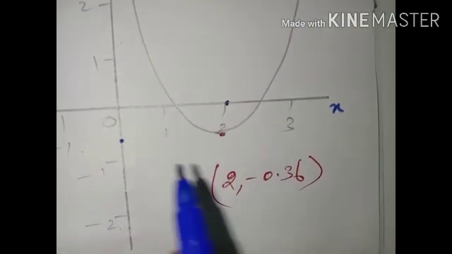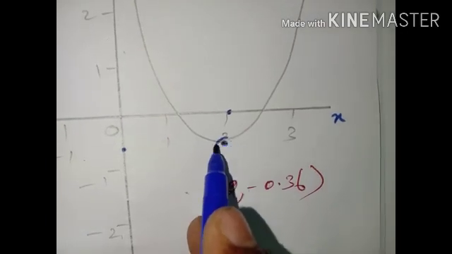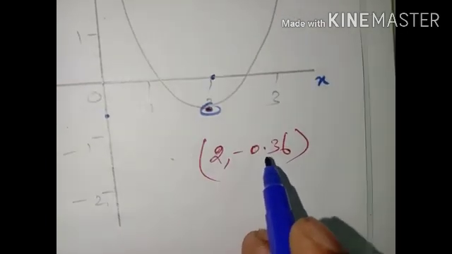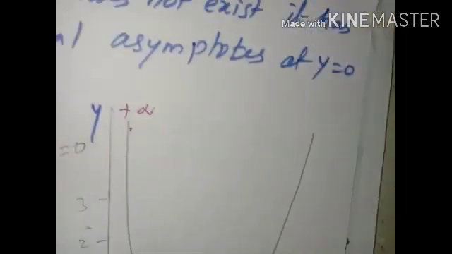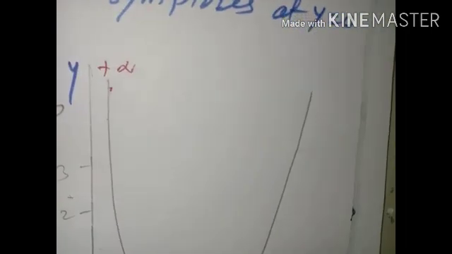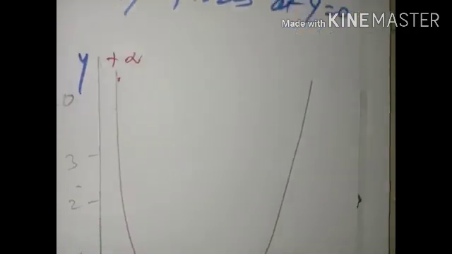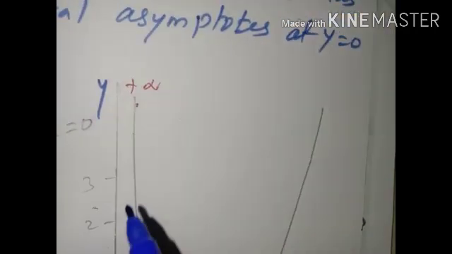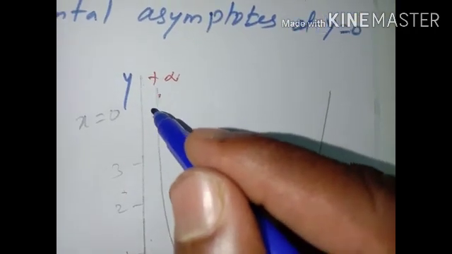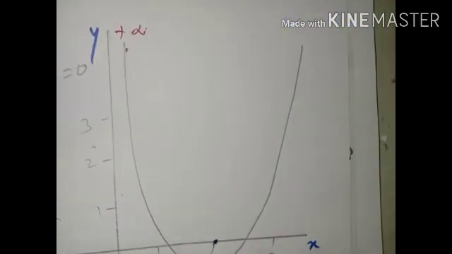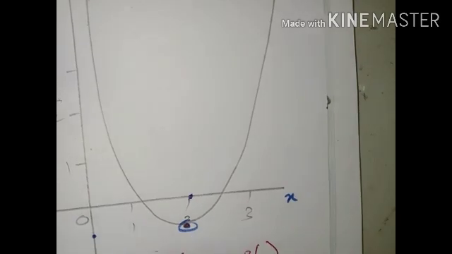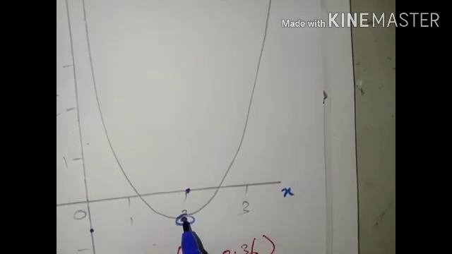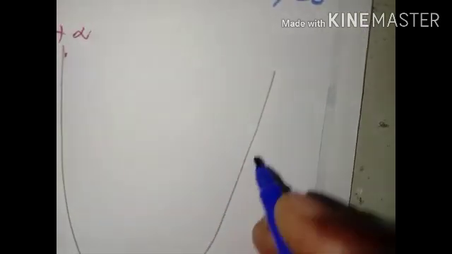On the x-axis, from 0 to 2 the curve is decreasing. See the curve decreasing, and from 2 to infinity it is increasing. So from this point it starts increasing.